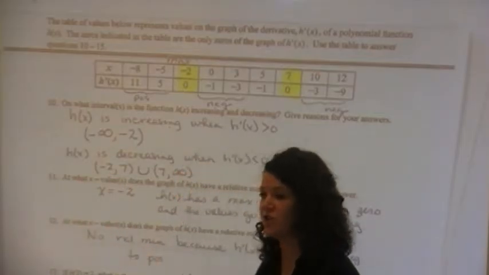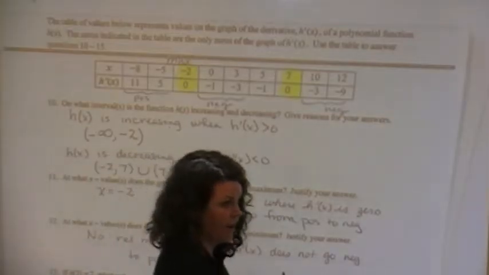If the slopes are positive, what does that mean the original graph is doing? It's increasing, right? When you read from left to right. So we have no idea what this graph looks like, but we know that this end goes like this, because it's increasing. Which means if we're looking at the original graph and we're going to negative infinity, where is this going? Down to negative infinity.